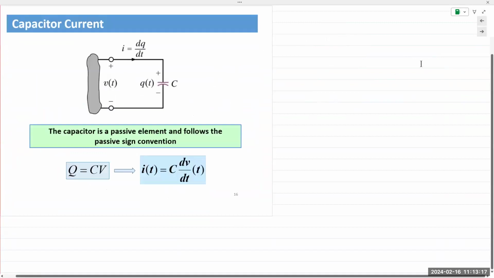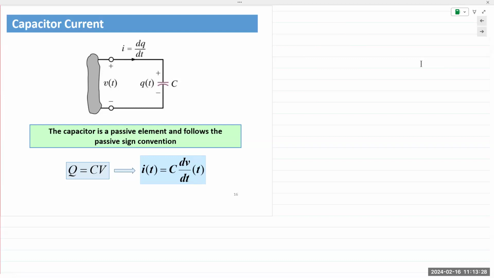Similarly, if we are talking about a capacitor, the equation is exactly the same, except the quantities are flipped. We talk in terms of the input voltage for a capacitor, and the capacitor current I is now C dV over dt.